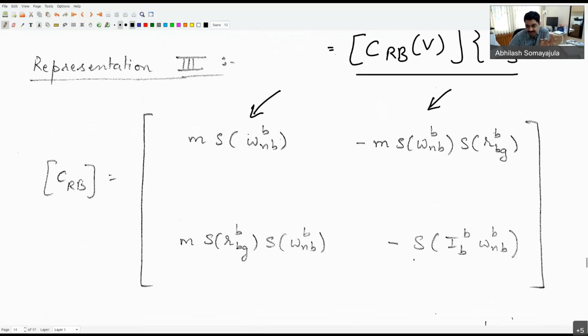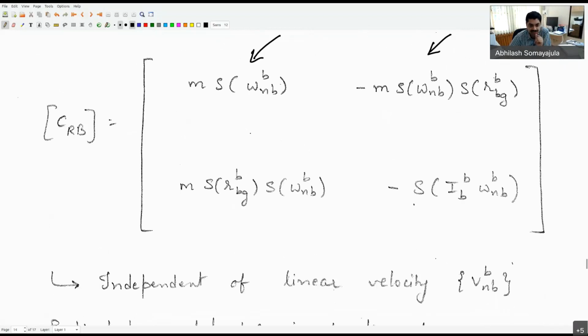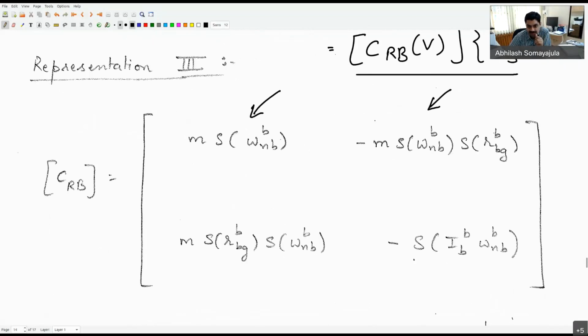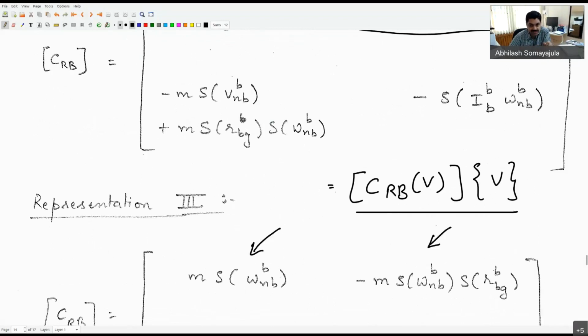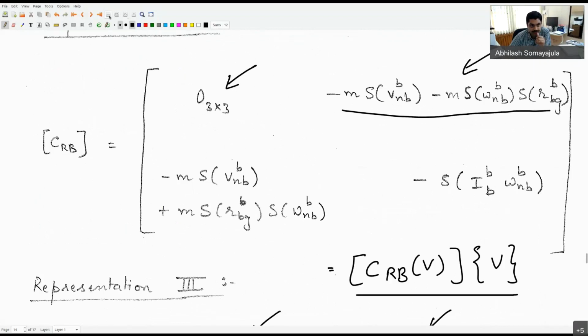So in that sense, the representation is not unique, and we may have different representations. But certain representations might be very useful to us compared to some other representations. And here is where we come to the point that this representation number 3 is particularly useful. Can you see what is the difference between this representation? So let's try to zoom out a little bit.